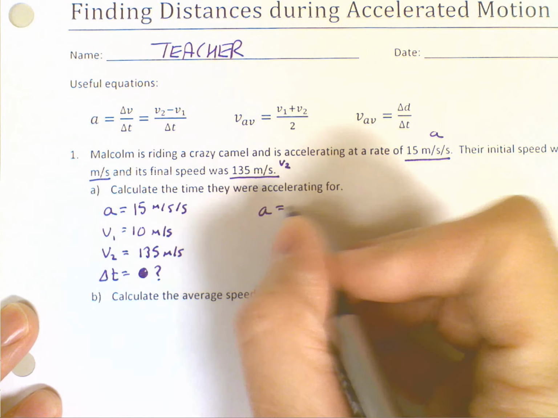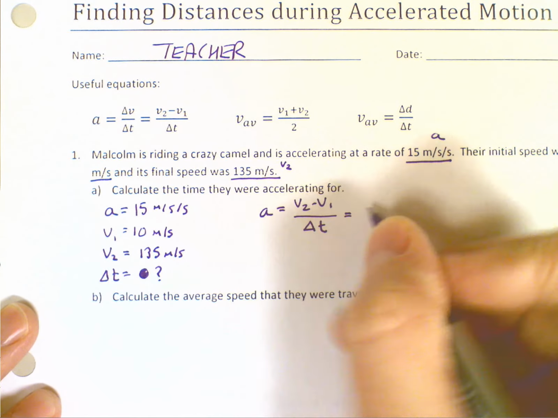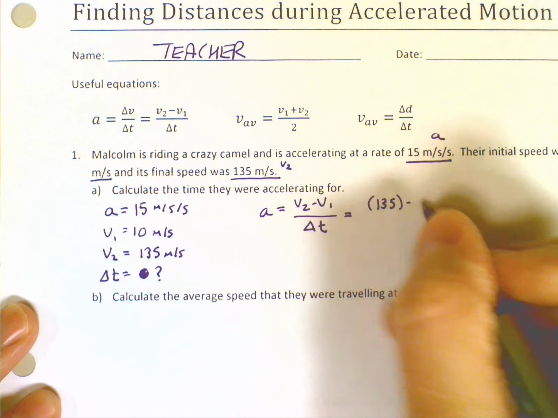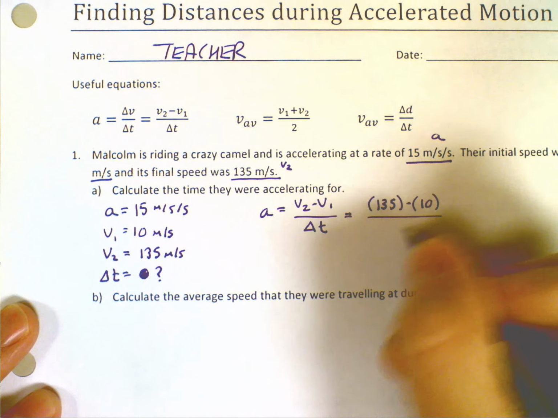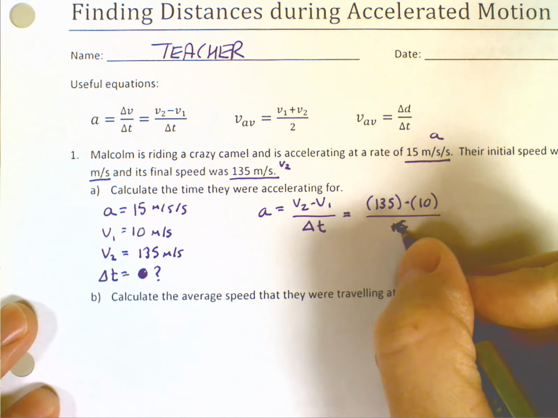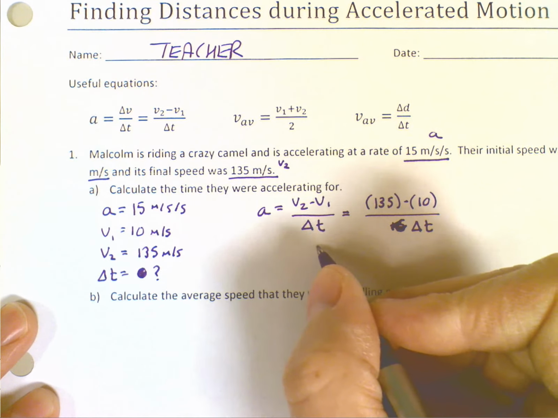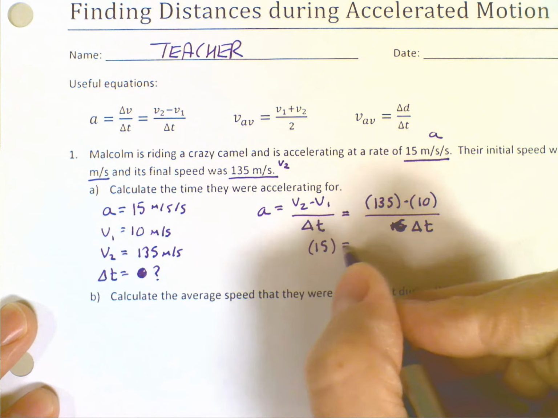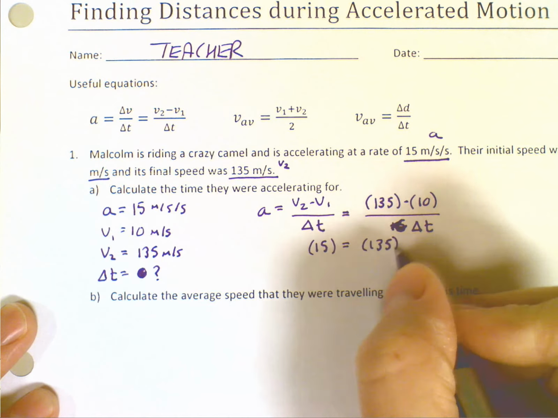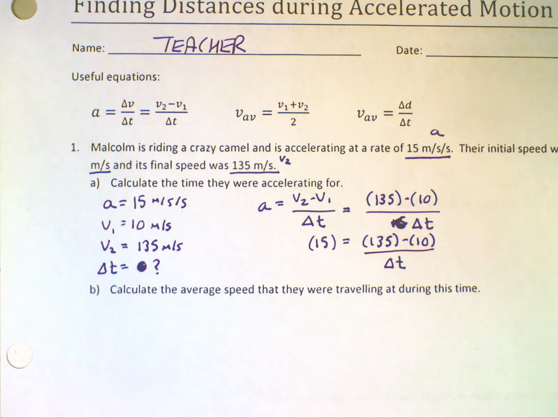So writing this out, we know acceleration is v2 minus v1 over delta t. v2 is 135. Notice the brackets I'm including here, minus 10, divided by the time, which we don't have. So we know the acceleration is 15 meters per second squared. We could have rearranged the formula right off the bat. I'm just showing you a slightly different way to do this.